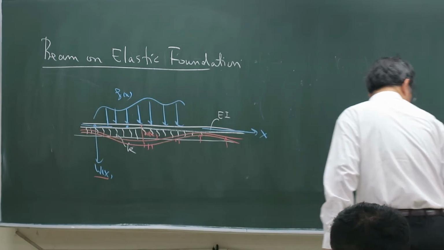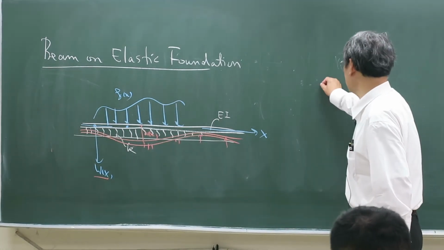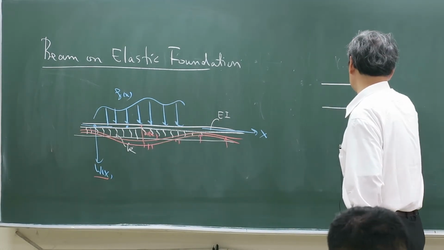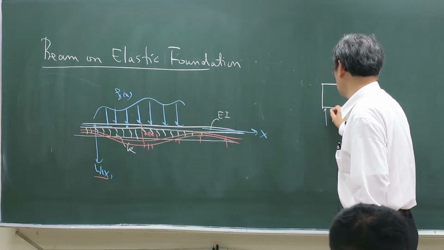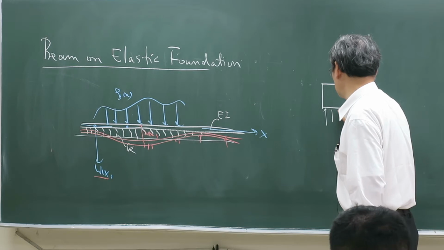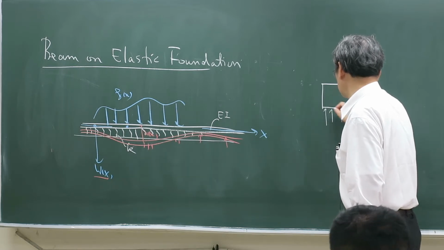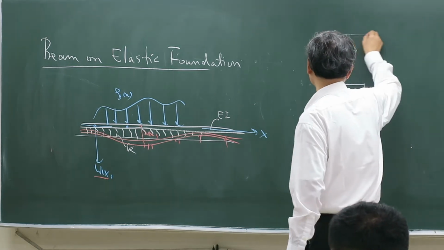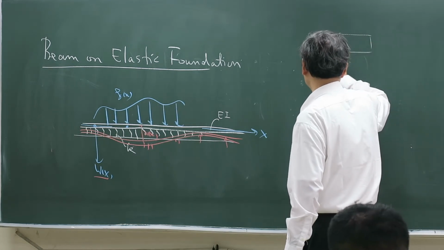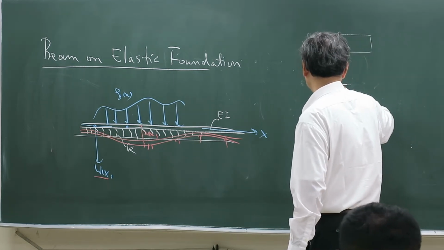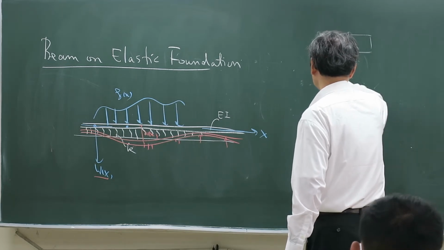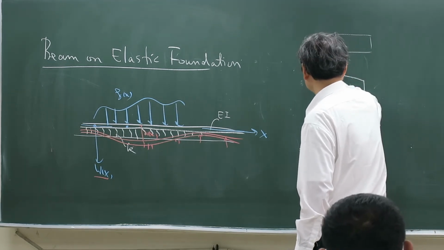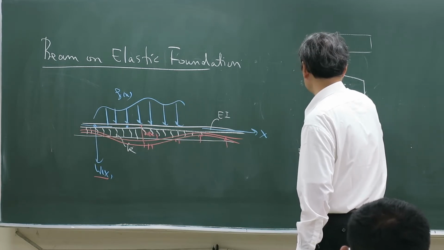Okay, and if you take a free body diagram for this element, located originally here, it will deform something like this, right? And this is q(x) here.